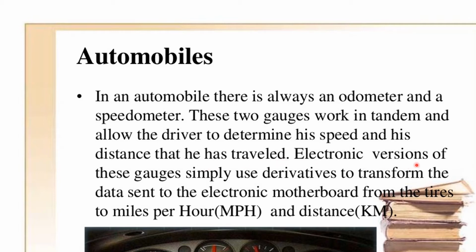Electronic versions of these gadgets simply use derivatives to transform the data sent to the electronic motherboard from the tires to miles per hour and distance. So in this area we use the concept of derivatives.